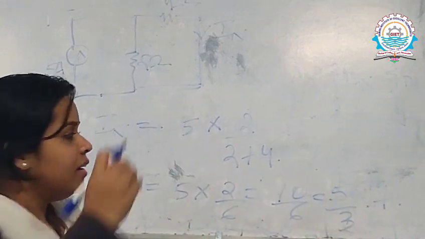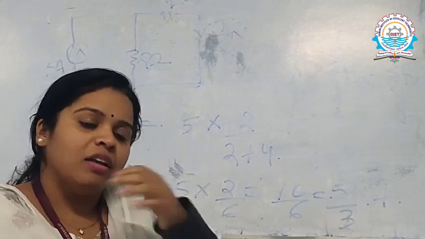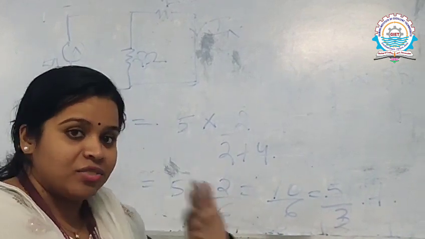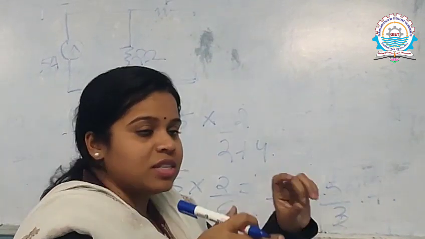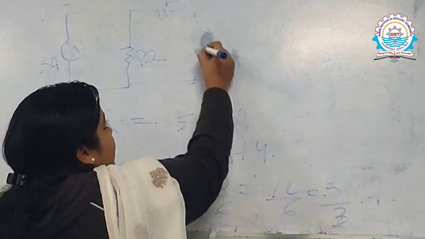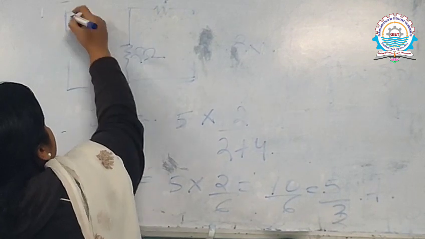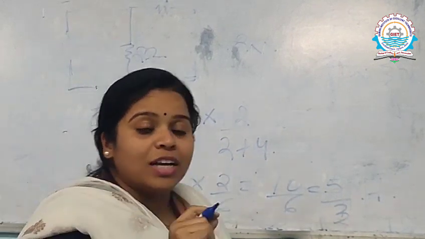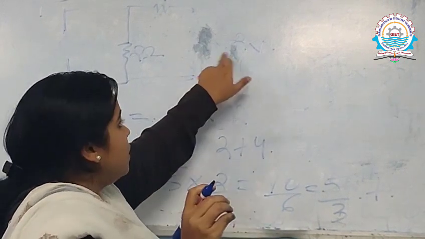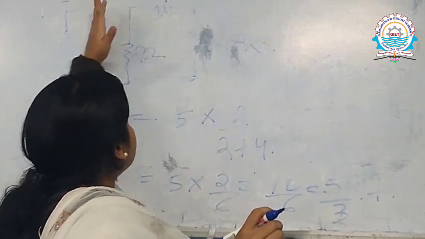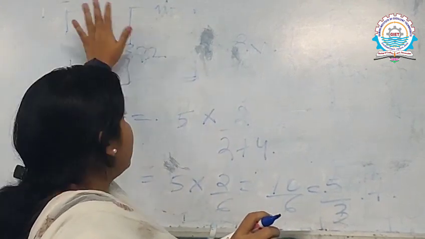After finding the IN current, then we will go for the Rn. Same as we were finding RTH for Thevenin's, here also we will go for the Norton's resistance. But in the same place where the IN was flowing, that means the short circuited branch, there itself we will find out the Rn, but all the current sources should be open and all the voltage sources should be short circuited. So looking at this terminal, we can see that this is open, but these two are in series, because no resistance is over there.